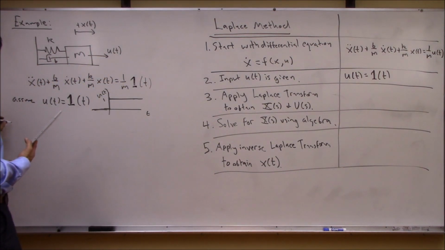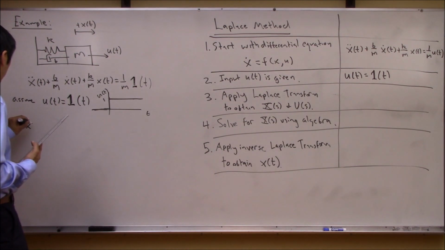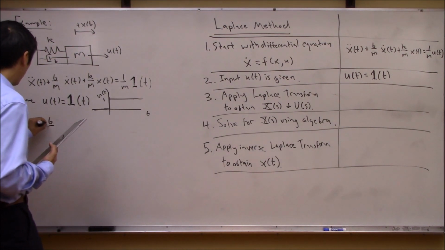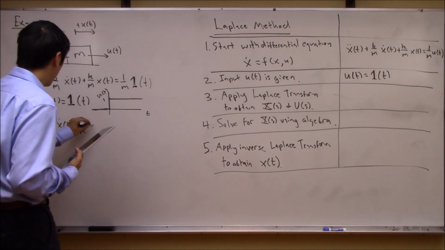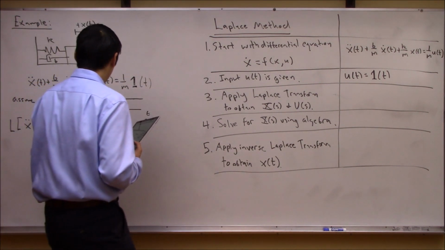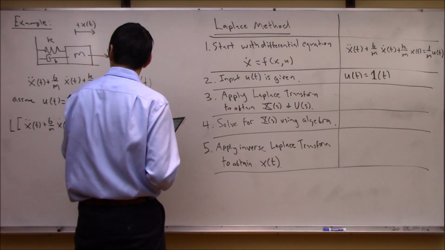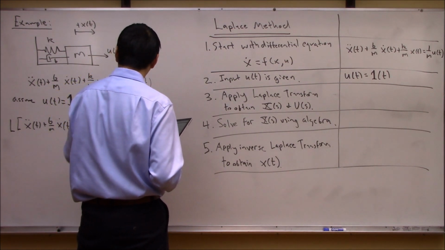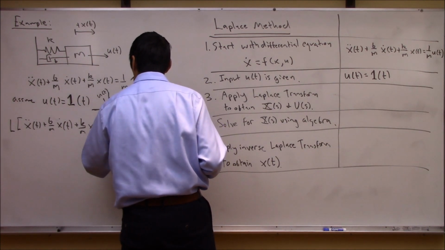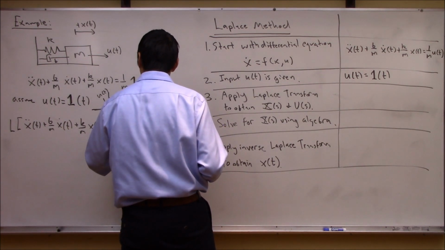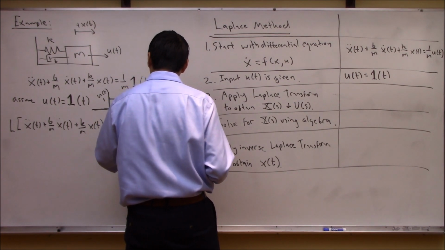Okay, so let's write this out. I Laplace transform the left-hand side, the entire gobbledygook: x double dot of t plus b over m x dot of t plus k over m x of t is equal to 1 over m u of t. I wanted the Laplace transform of that entire thing, and I forgot to write that operator. So the Laplace transform of 1 over m times a unit step.